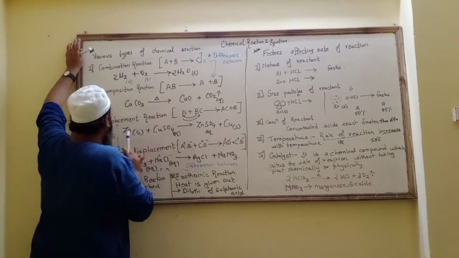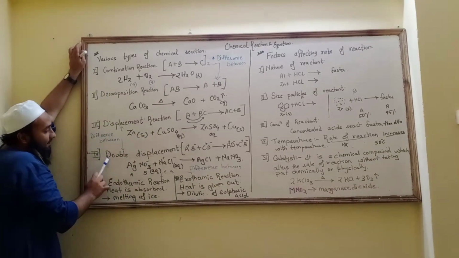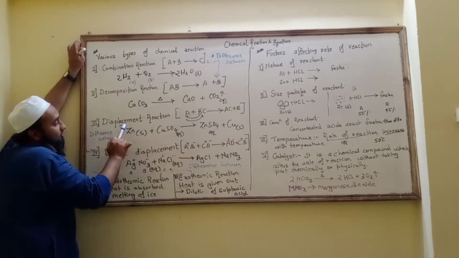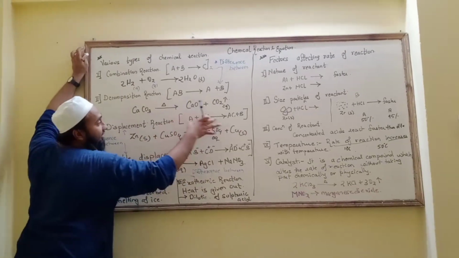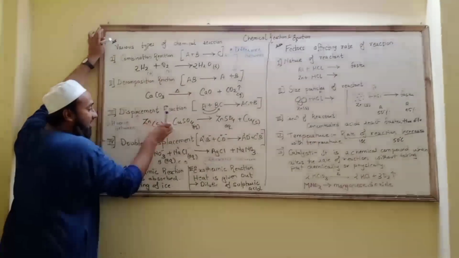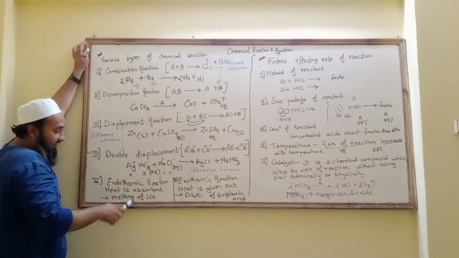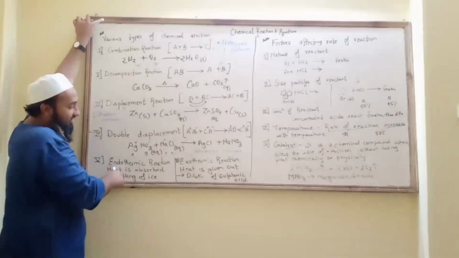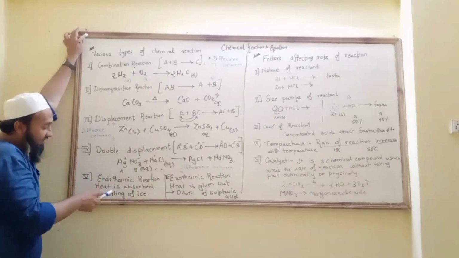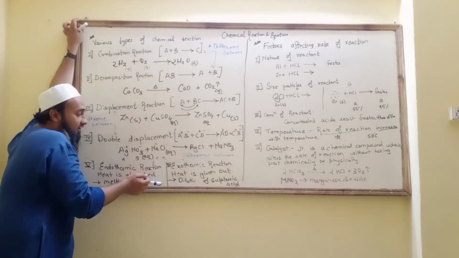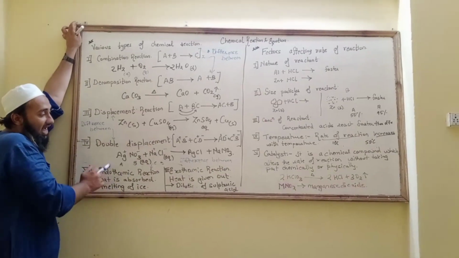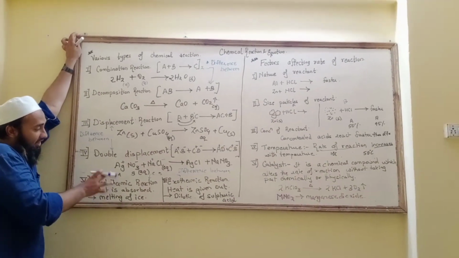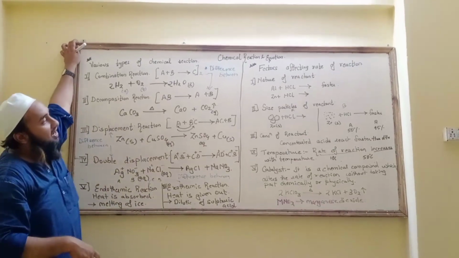In the same way, if the difference between displacement and double displacement is asked, you can write the definition, the denotation part of it, and an example part of it. In the same way for endothermic and exothermic reaction, you write what is exothermic, what is endothermic, and an example in the form of a chemical reaction.